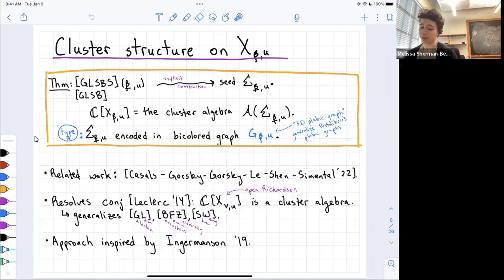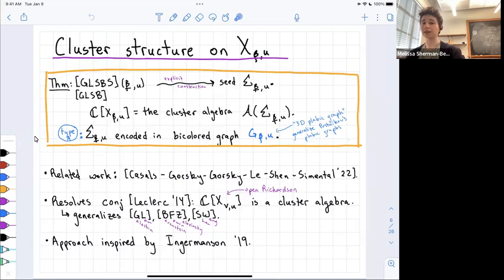Our result is that the coordinate rings of these braid varieties are what are called cluster algebras. I'll tell you what cluster algebras are in a second. For now, just know that they are commutative rings defined by a very small piece of combinatorial input called a seed. We start with our favorite braid word beta underline and permutation U, and we give an explicit construction for this combinatorial information, this seed.